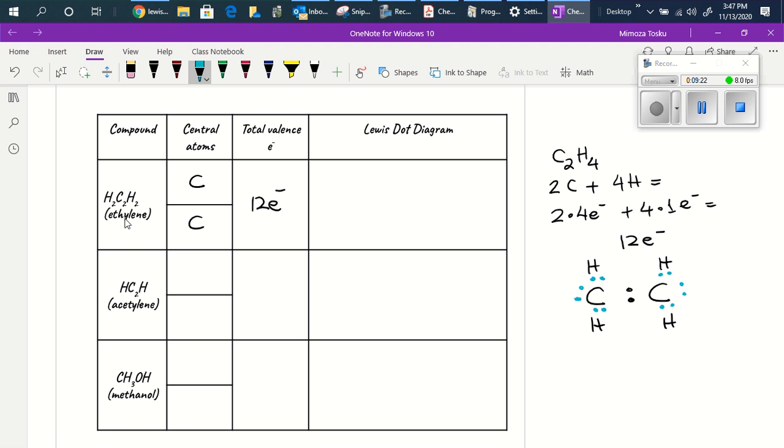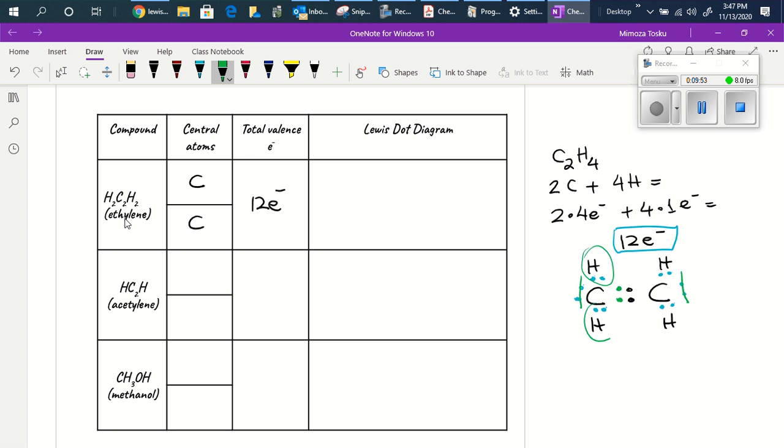Let's count now: 1, 2, 3, 4, 5, 6, 7, 8, 9, 10, 11, 12, 13, 14 electrons in total, which means that we have more electrons than what is available. So therefore, what we do is we erase those 2 lone pairs and we place them as the double bond in between the 2.